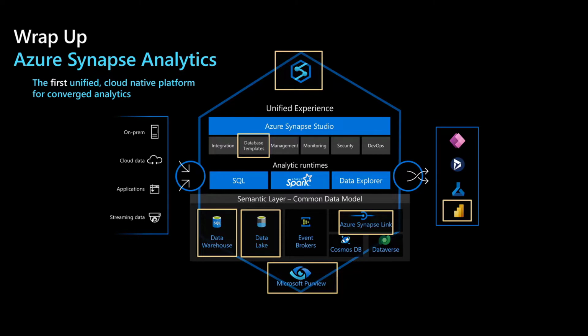And last but not the least, Power BI for visualization, which is not only integrated tightly with all other Azure data services, it also helps customers not go into multiple services or vendors, but deal with one and get that unified experience.